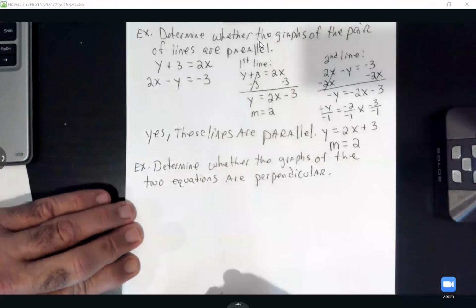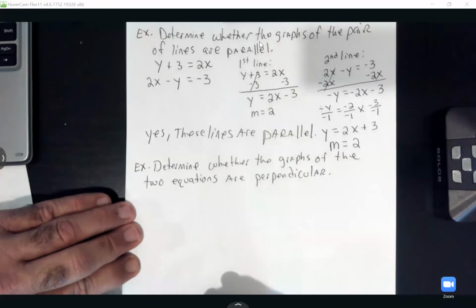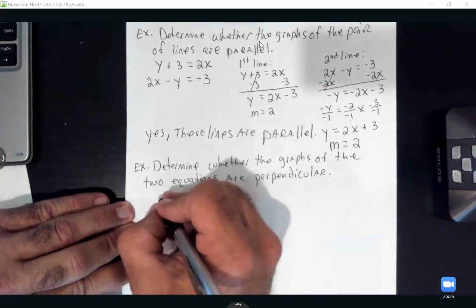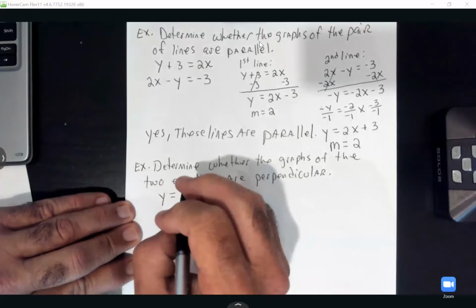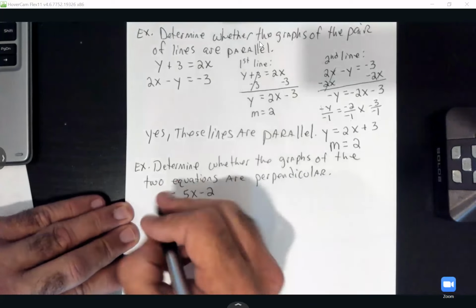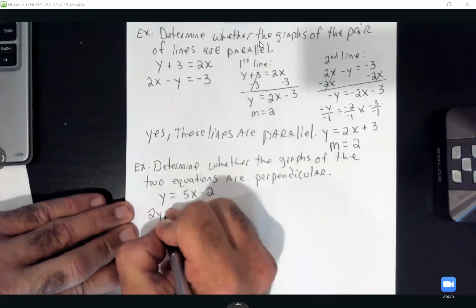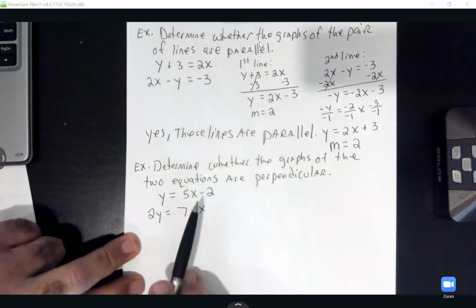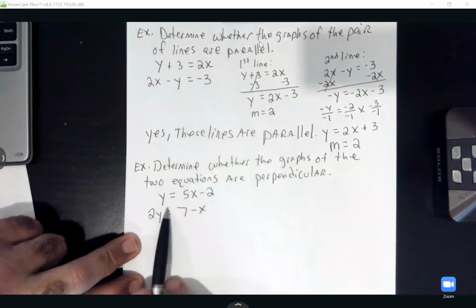All right, so let's get our two equations. I got a y equals 5x minus 2 for my first line. My second line, I got 2y equals 7 minus x. So let's find the slope of these two lines.